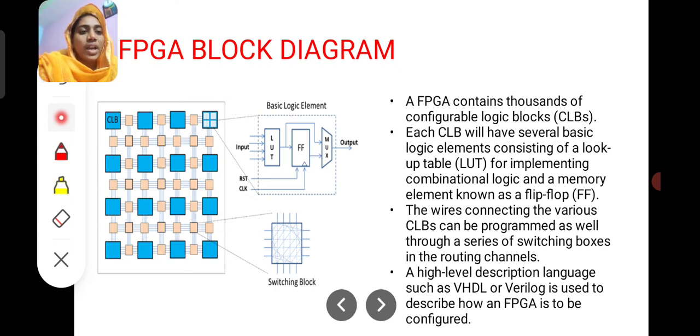The wires connecting the various CLBs can be programmed through a series of switching boxes in the routing channels. High-level description languages such as VHDL or Verilog are used to describe how an FPGA is to be configured. Is it clear? So FPGAs can be described using VHDL and Verilog.